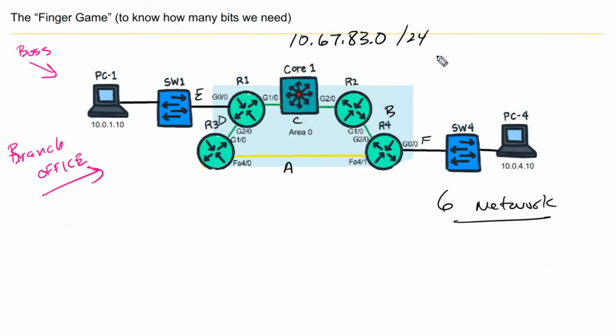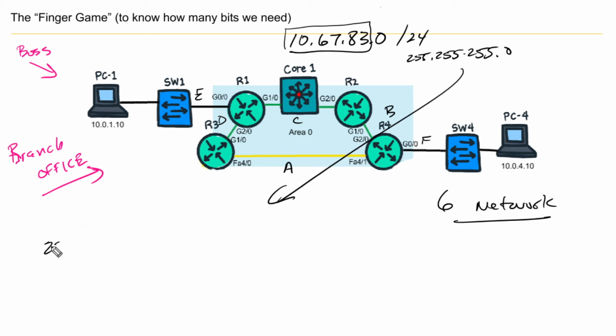So in this topology, we have 24 bits with this network. The mask says the first 24 bits is the network, and we need to create additional subnetworks, so we need to start stealing. So the mask would look like this: 255.255.255.0, and in binary, first octet, second octet, third octet, they'd be all ones: 1 through 8, 1 through 8, 1 through 8.